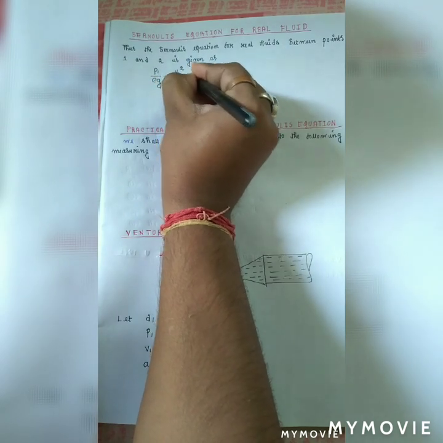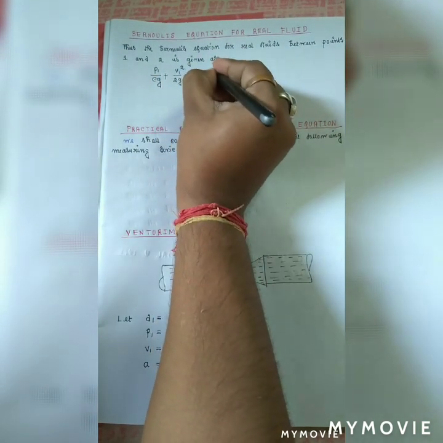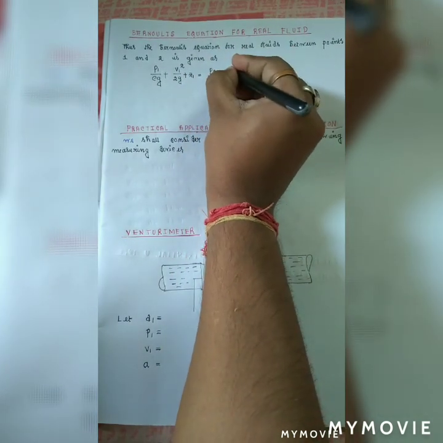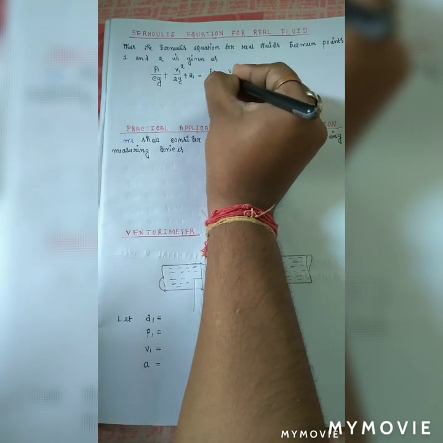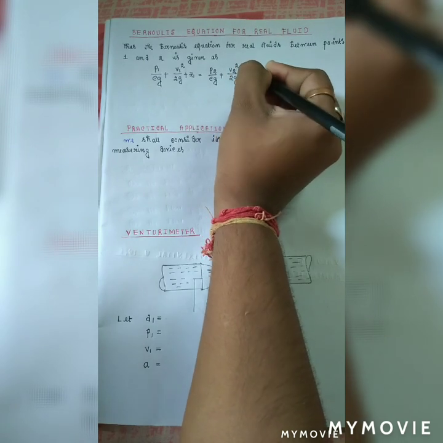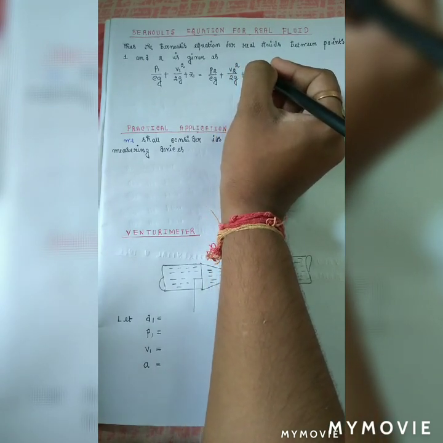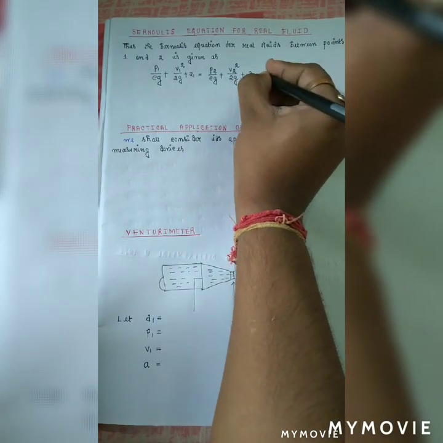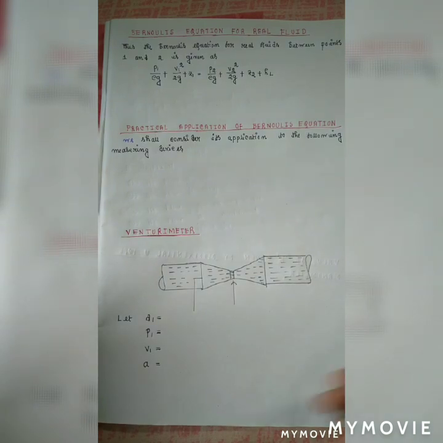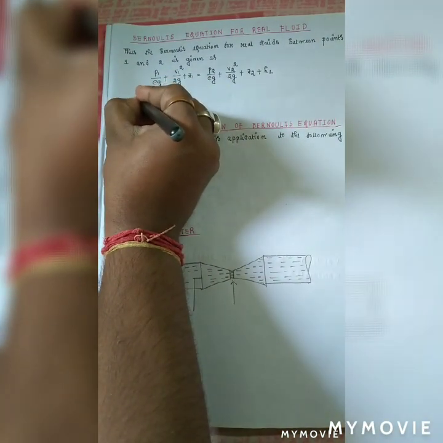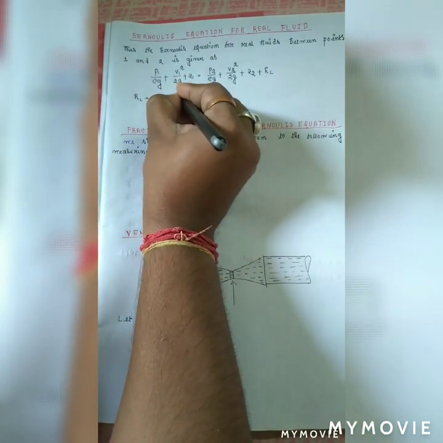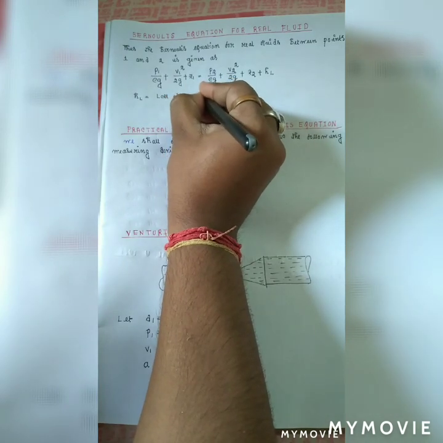Thus Bernoulli's equation for real fluid between points 1 and 2 is given as p1 by rho g plus v1 square by 2g plus z1 equal to p2 by rho g plus v2 square by 2g plus z2 plus hl. Now what is hl? Where hl equal to loss of energy between points 1 and 2.